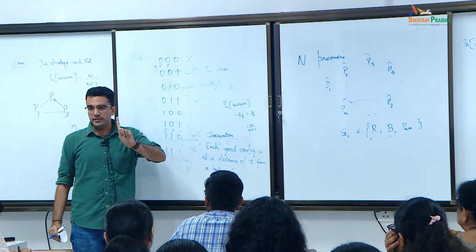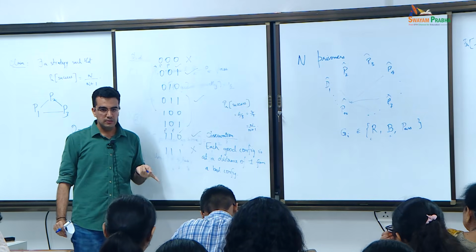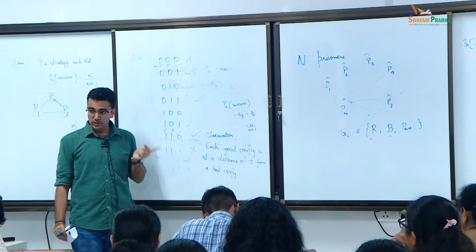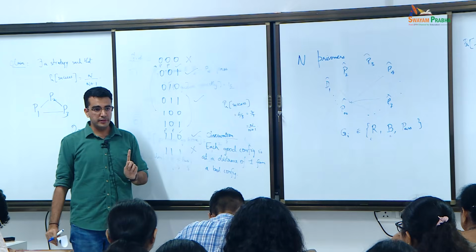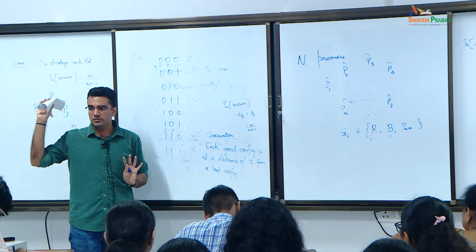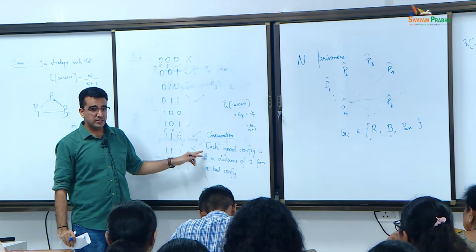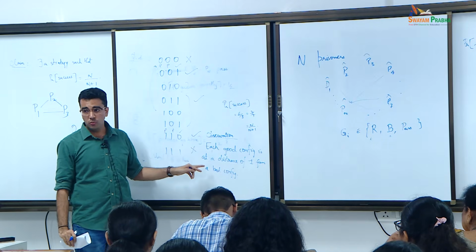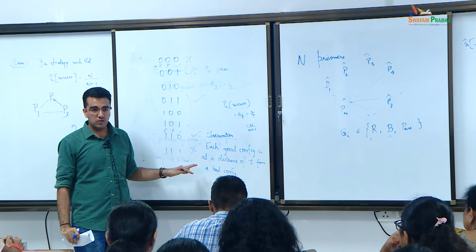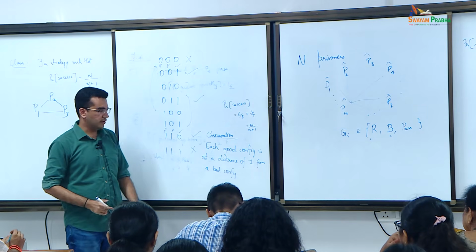I flip just 1 bit in order to go from good configuration to bad configuration or vice versa. I need to flip only 1 bit. All clear or other questions? Each good configuration is at a distance of at most 1 from a bad configuration. It's in fact a distance of exactly 1.